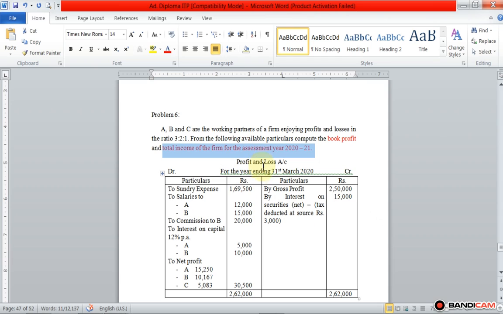Here is the profit and loss account, debit and credit side, for the year ending 31st March 2020.